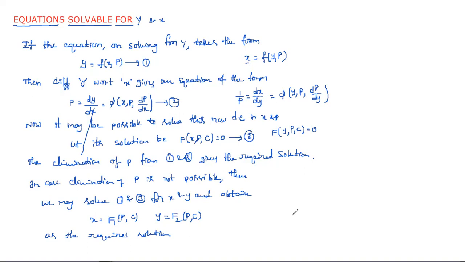Let us see a problem on this. Solvable for y, so here it is first. Let us see the first problem. Solve y minus 2px is equal to tan inverse of xp square.